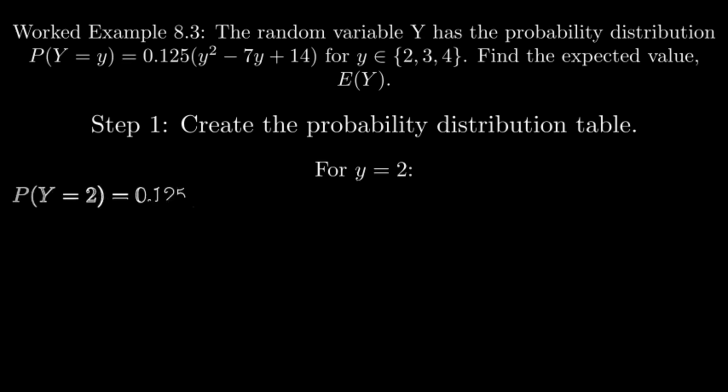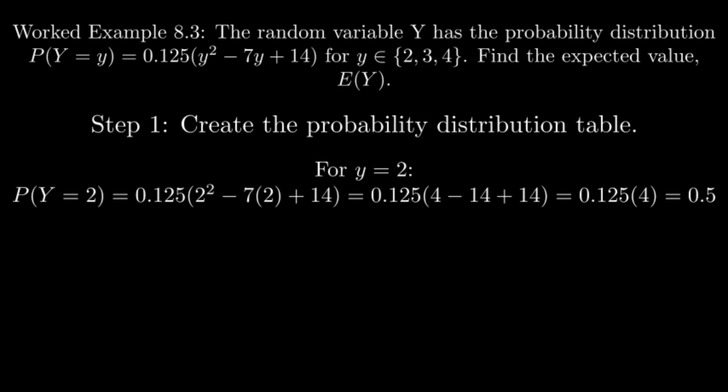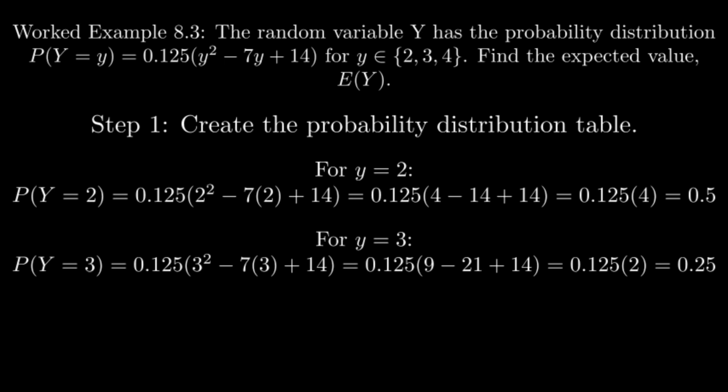First, let's calculate the probability when y equals 2. We plug 2 into the formula, 0.125 times the quantity 2 squared minus 7 times 2 plus 14. This simplifies to 0.125 times 4, which is 0.5. Next, for y equals 3, we plug in 3: 0.125 times the quantity 9 minus 21 plus 14. This gives us 0.125 times 2, which is 0.25.